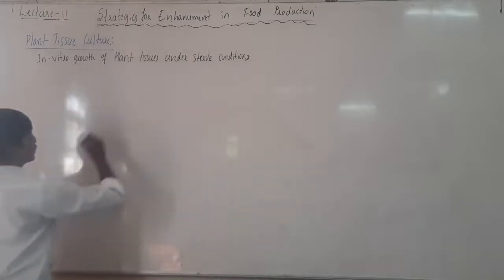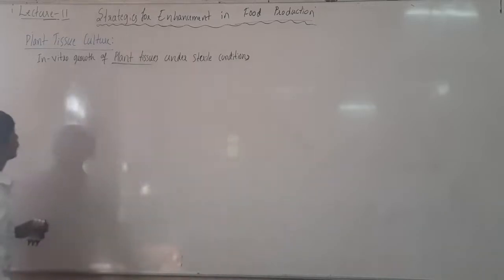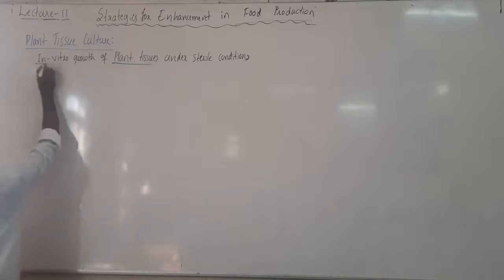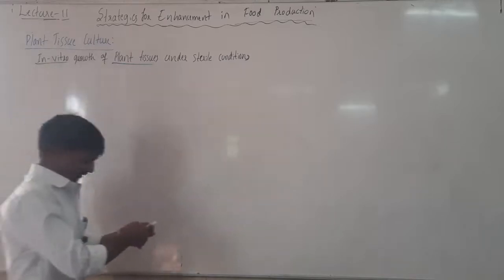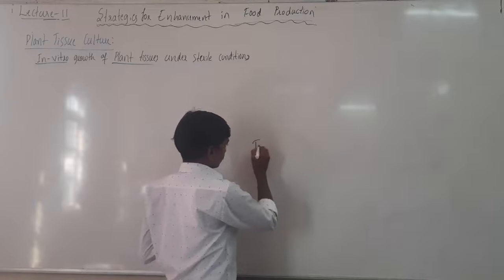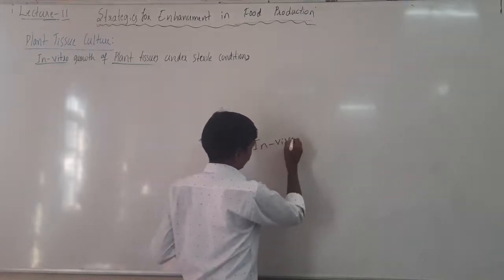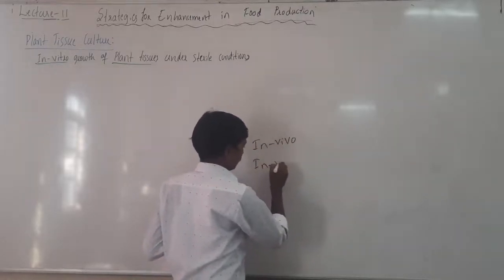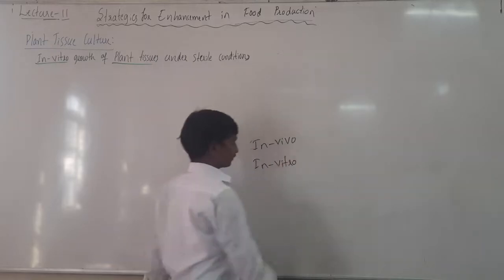Growth of the plant tissue. Okay, growing plant tissue. What is this word in vitro? Right? There are two words, in vivo and in vitro.